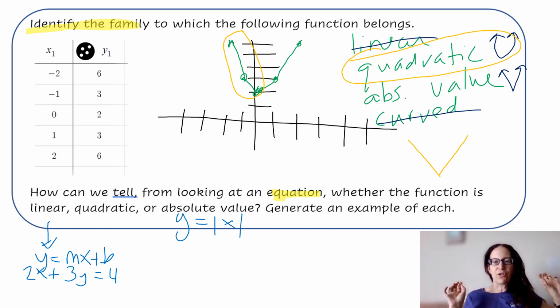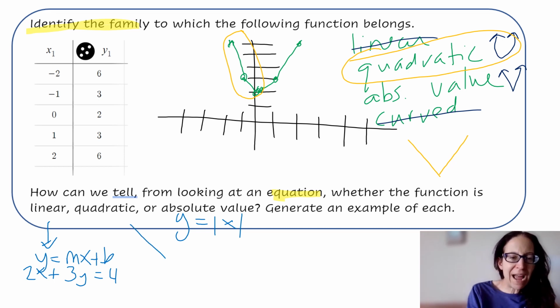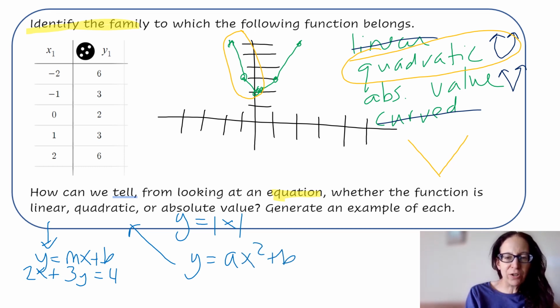There's no absolute value, there's no squaring, there's no cubing, there's no square root stuff happening over your x. A quadratic can take one of three forms. It could look like that in standard form, or we looked at what's called vertex form, or we also looked at something called factored form.